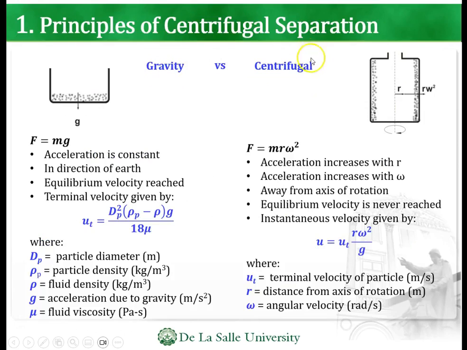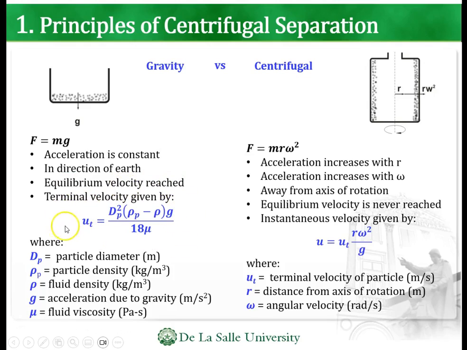So in comparison, this is a summary. For gravity settling or natural settling, F is equal to mg, and acceleration is constant, that's gravity. It's in the direction of the Earth, so downwards. Equilibrium velocity is reached, and the terminal velocity is given by this equation.